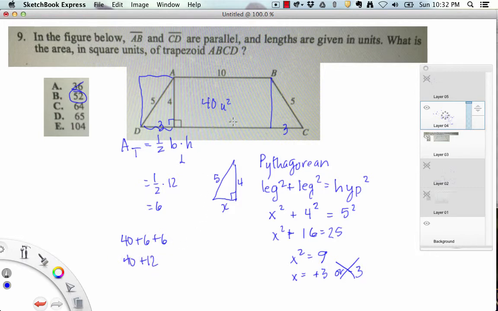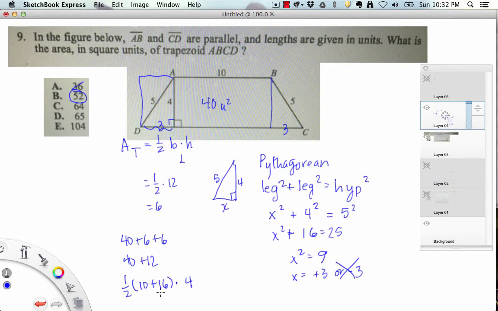Okay. Maybe you have good memory for formulas, or you notice it on the sheet, and you think, oh, trapezoid, there's a formula for the area of a trapezoid. It's the average of the bases, so it's the average of 10 and 3, 10 plus 3 is 13, half of 13, times the height.